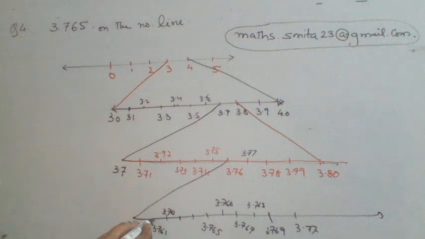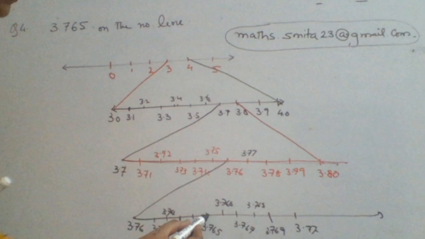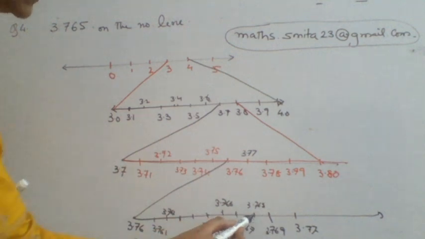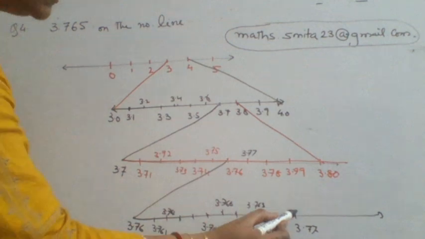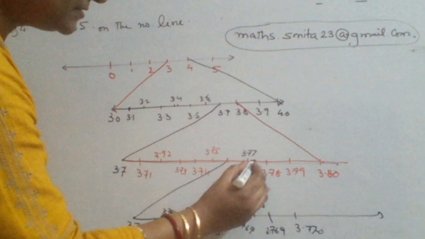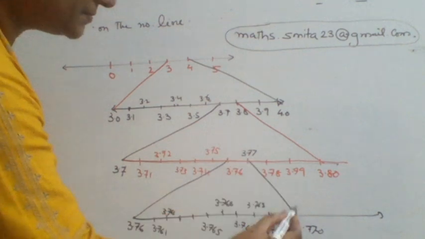That is 3.760, 761, 762, 763, 764, 765, 766, 767, 768, 769 and 3.770. Okay, so this is your 3.770.